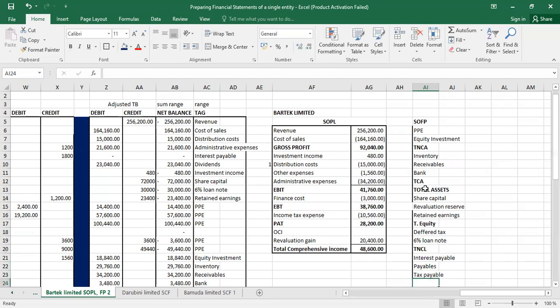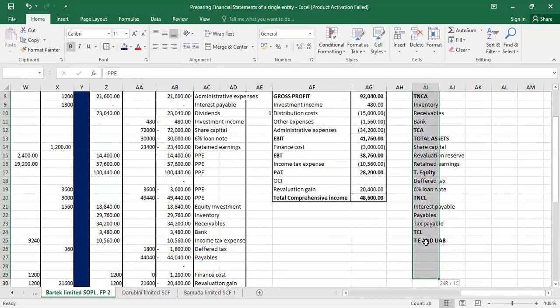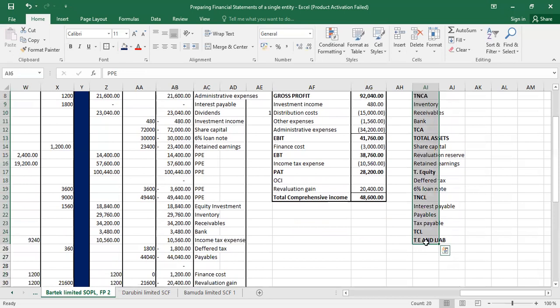Then total current liabilities, then total equity and liabilities. Control Enter, Control B. I'll remove the border there, so I'll do Alt HBN.